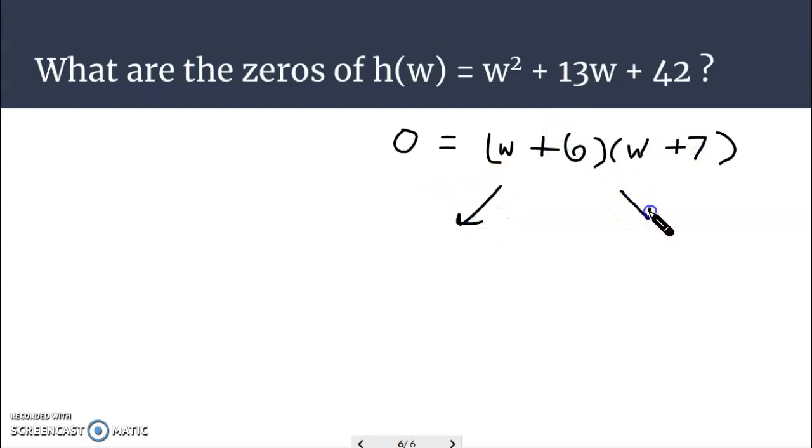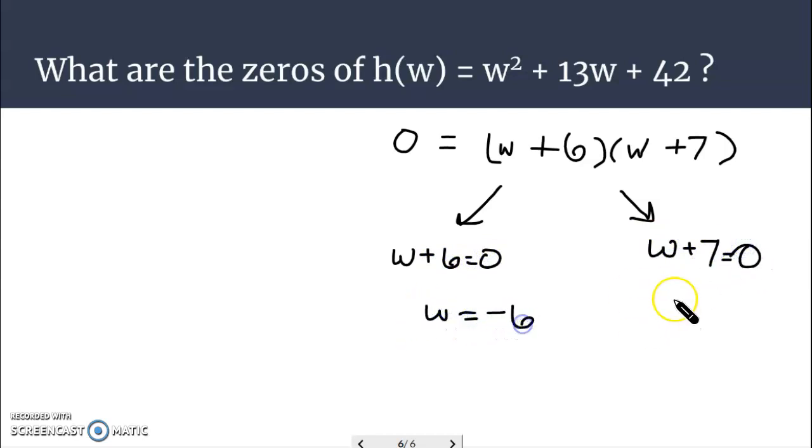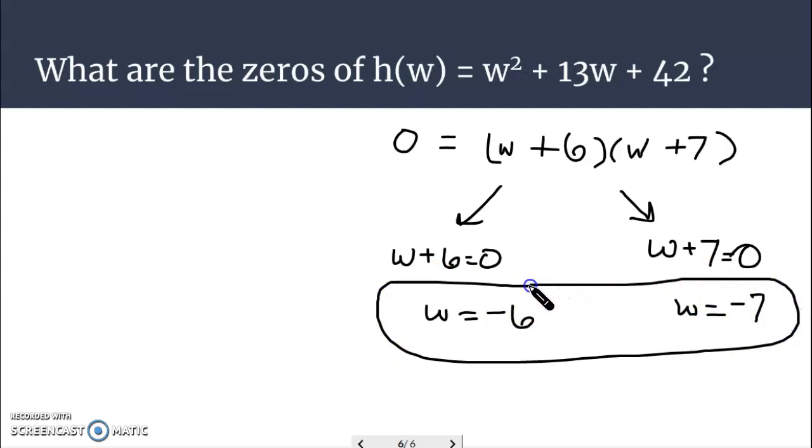And that gives us our two expressions. We have w plus 6 equals 0, w plus 7 equals 0. W equals negative 6, w equals negative 7. Those are our two zeros. If we were to graph this on a similar xy plane, that's where it would cross the x-axis, or in this case, the w-axis.